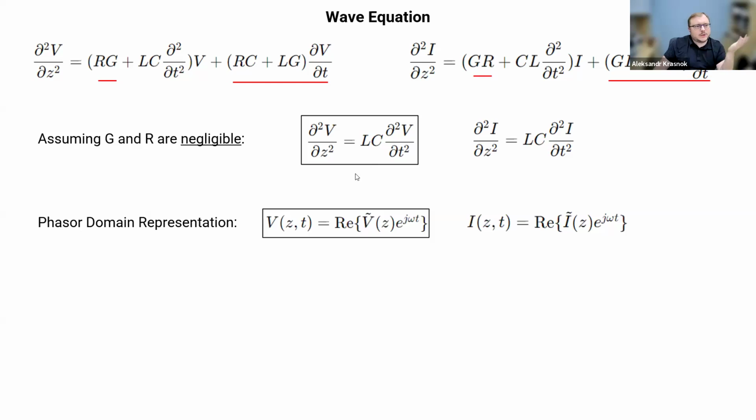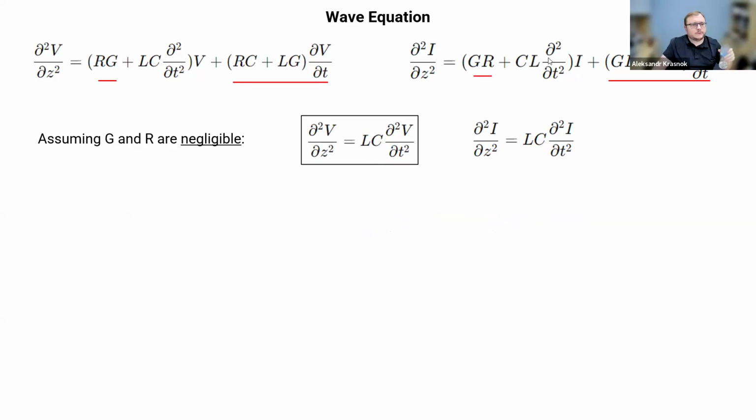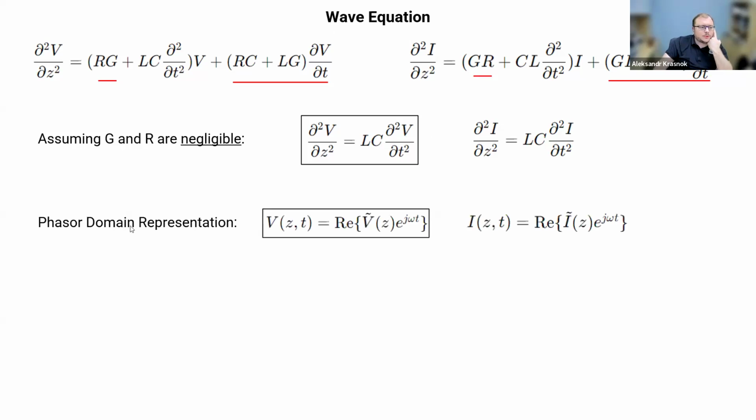But in the general case, these equations here are pretty complex, but I can use this useful approach of the phasor domain. You are of course familiar with this. I just remind you that the phasor is a simple assumption that my field, voltage and current depend on time as e to the power of i omega t.